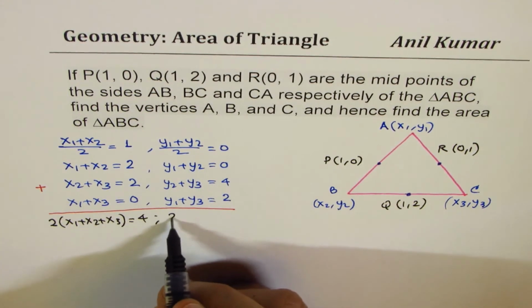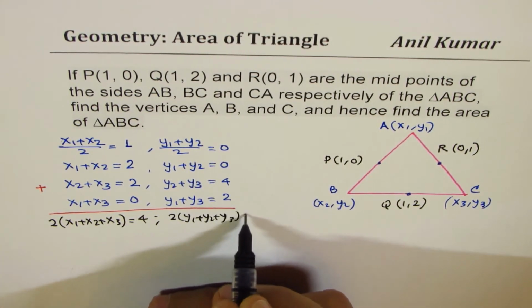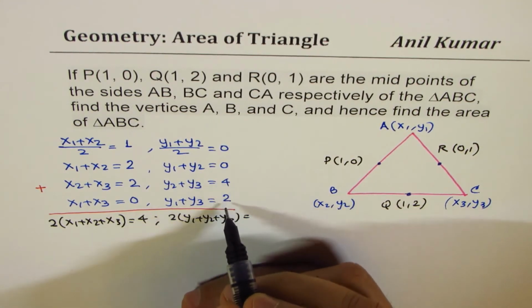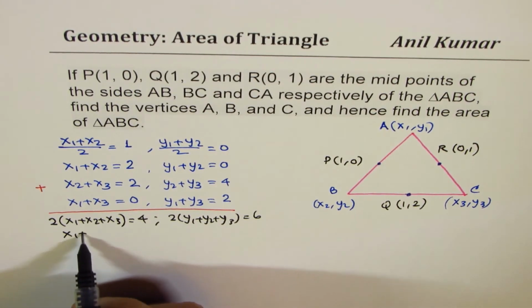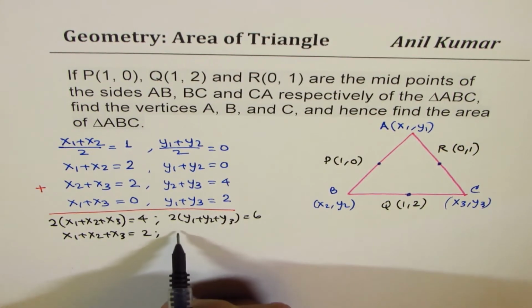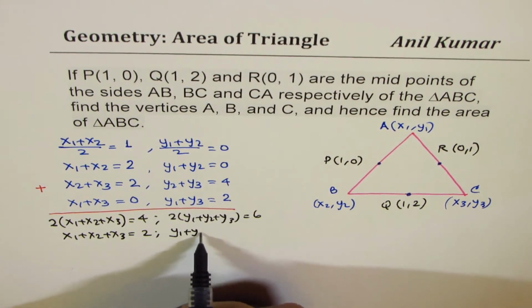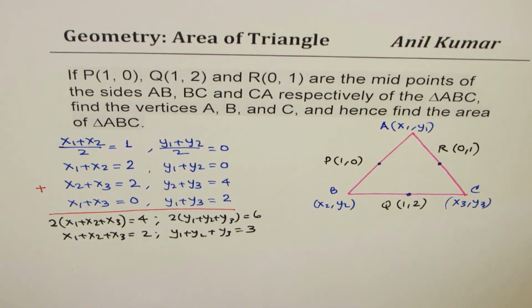Similarly on this side, we get 2 times (y1 plus y2 plus y3) equals 4 plus 2 is 6, right? So dividing, we get x1 plus x2 plus x3 equals 2, and the sum of y's is 3 for us. Now how do we find x1, x2, and x3?